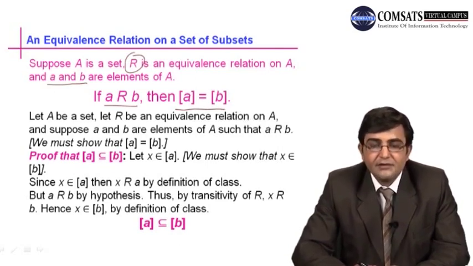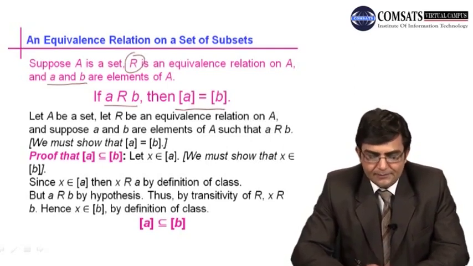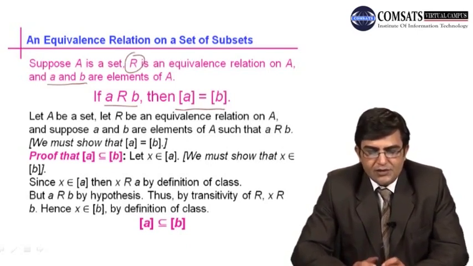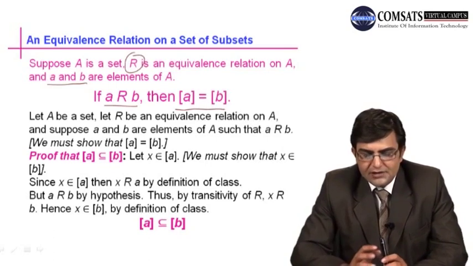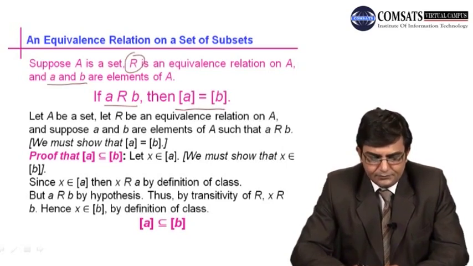And when we computed the equivalence classes, you have seen that we have equal classes for some elements. Actually, any two elements of A which are related to each other under the relation R, their classes must be the same.